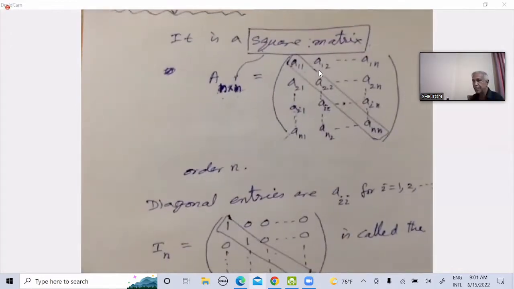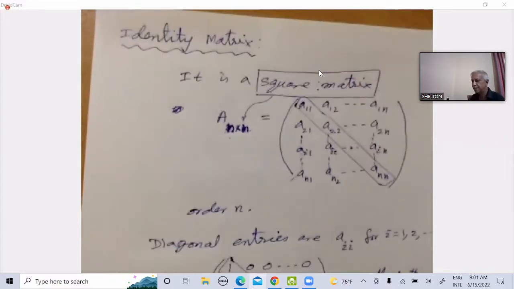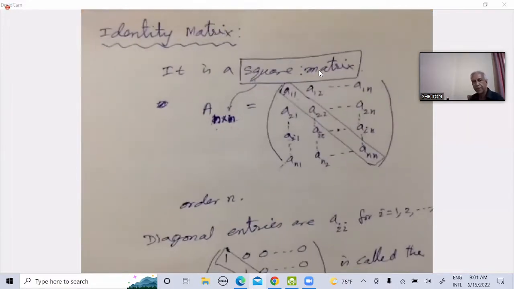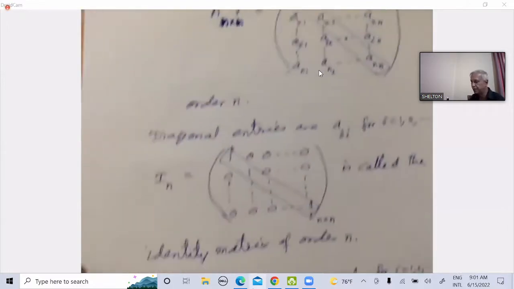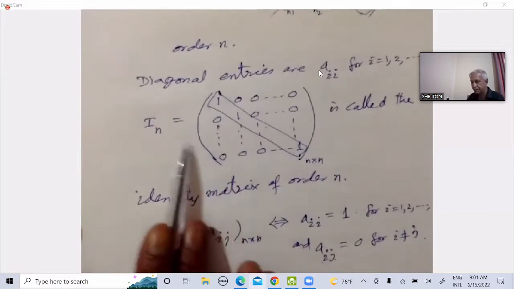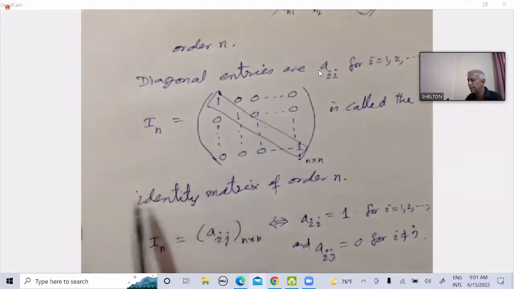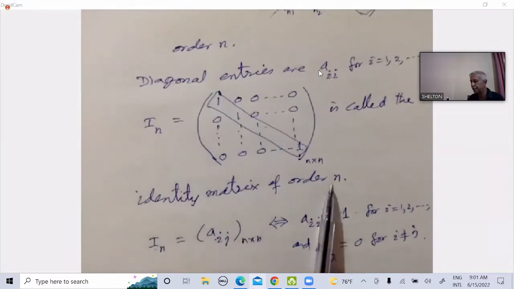If the size is 2 by 2 or 3 by 3, there is an identity matrix. Identity matrices exist only when the number of rows and number of columns are equal. So this is the notation for the nth order identity matrix, or the identity matrix of order n.